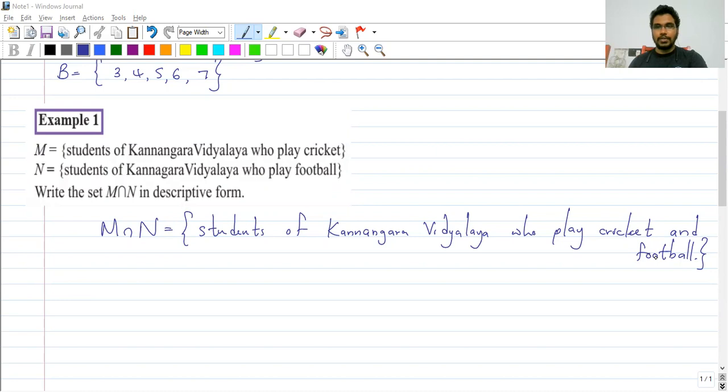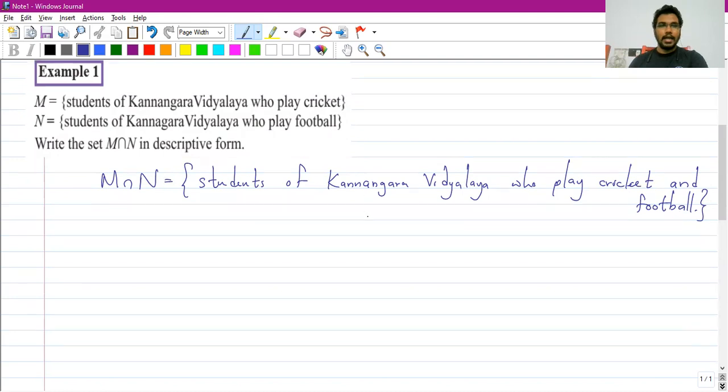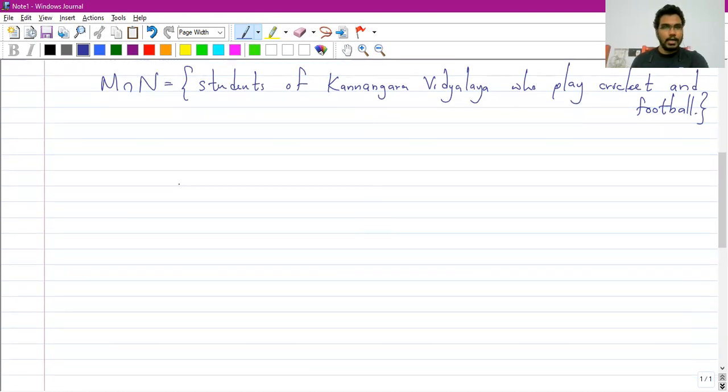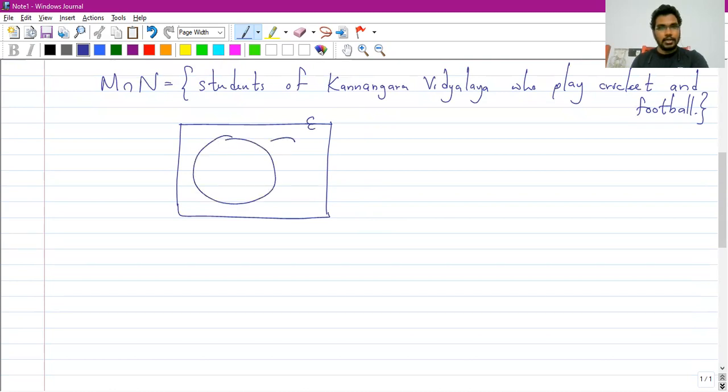Yes, before moving to the next example, shall we denote this one in the Venn diagram? Yes, so we can denote this one in the Venn diagram like this. We can draw the universal set like this, so you can mark it like this, universal set. So there are common elements, so I will mark it like this. There is an intersection of these two circles, and this is set M and this is set N. So M means cricket, N means football, students in the Kannangara Vidyalaya.